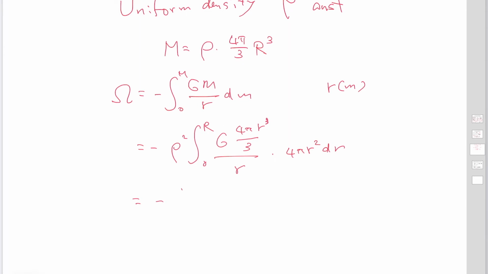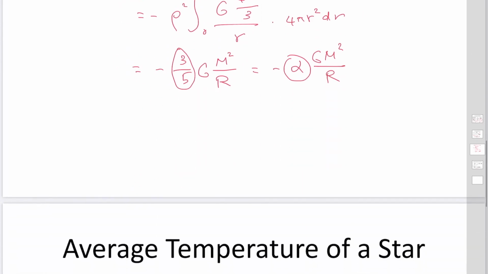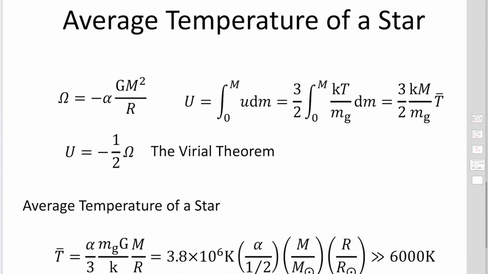It becomes minus 3 over 5 G M squared over R, the total mass squared over the radius of the star. So we can express it as minus alpha G M squared over R. In the case of uniform density, this alpha is 3 over 5. In general, the gravitational potential energy of a star is expressed by the same equation, but instead of 3 over 5, we use alpha, which is of order one.